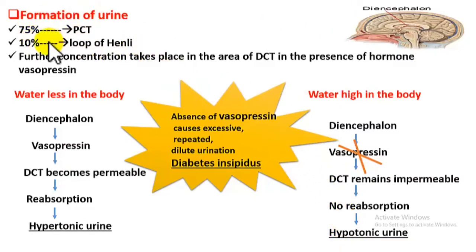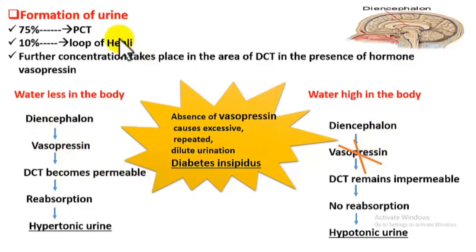I have missed these two points here. That is 75%. This 75% here indicates the absorption of water. So 75% of water is absorbed in PCT, 10% is absorbed in Henle's loop. So only 15% reaches the DCT region, and from that 15% also a certain amount of water is reabsorbed if vasopressin is produced.